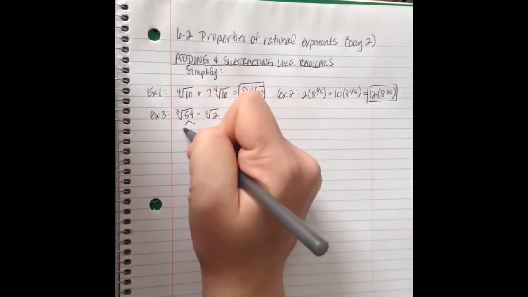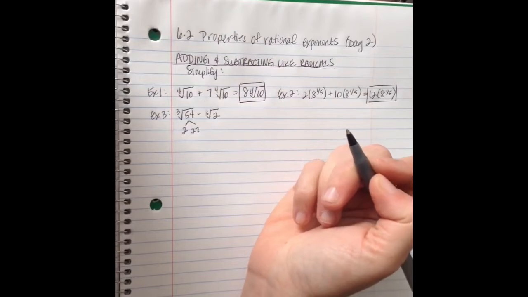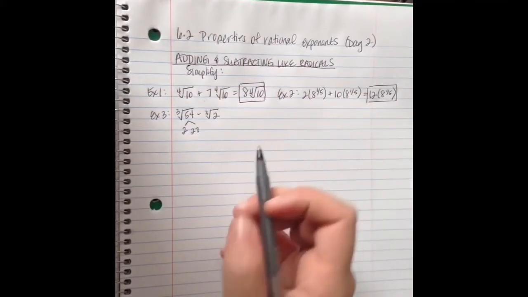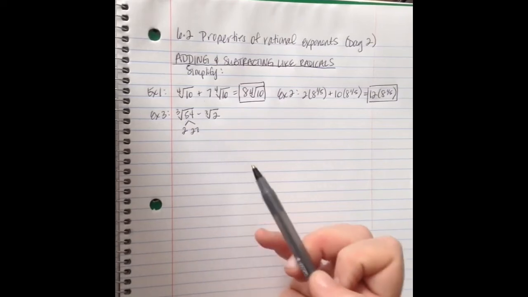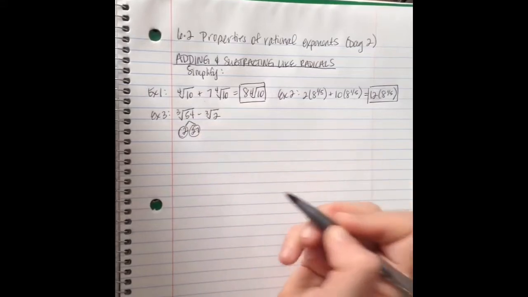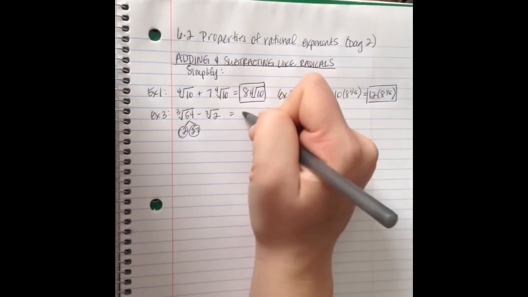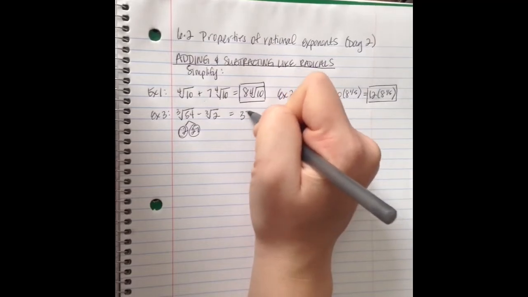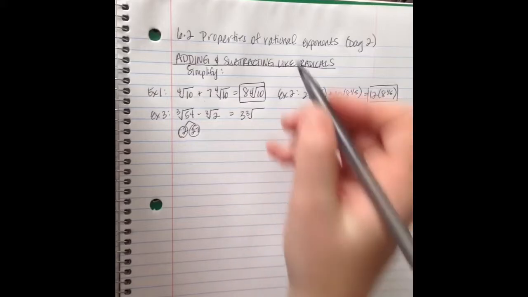54 breaks into 2 and 27. Now remember the shortcut that I taught you based on factoring. If either one of your terms is a perfect cube, you don't have to factor anymore. 27 is a perfect cube. The cube root of 27 is 3. So that gives me 3 cube roots of the only factor that's left, which is 2.